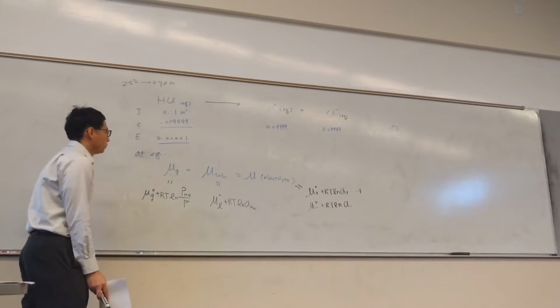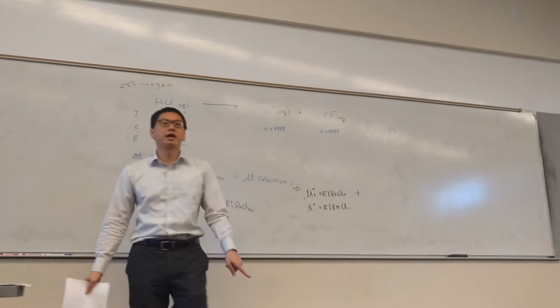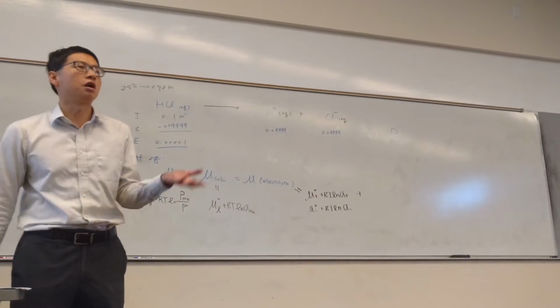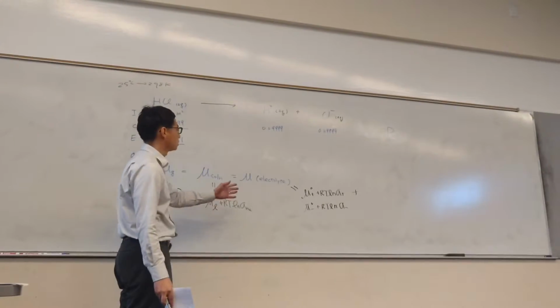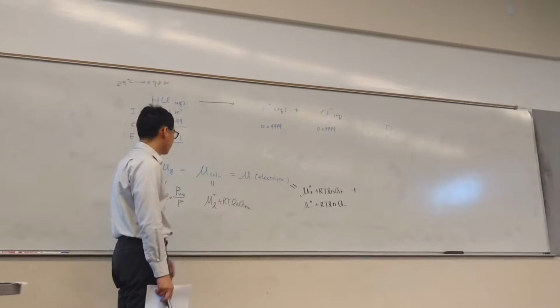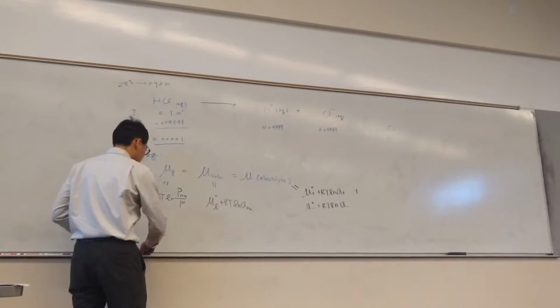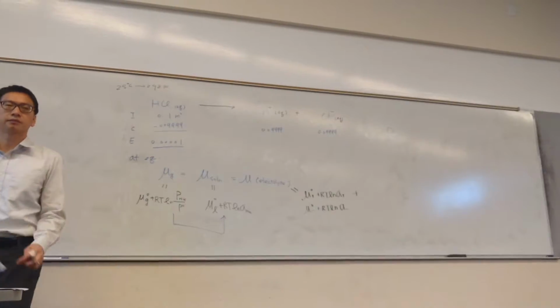Now we can use this to correlate the vapor pressure of a strong electrolyte to the concentration of your species inside. For strong electrolytes, if you want to correlate this to this, it's problematic. Why?